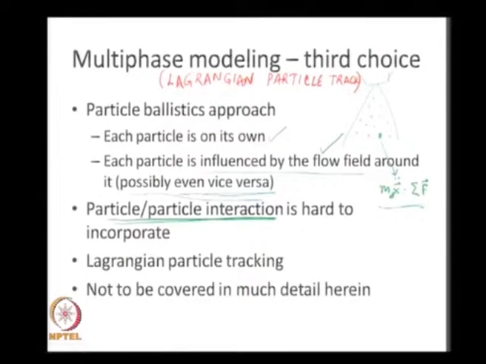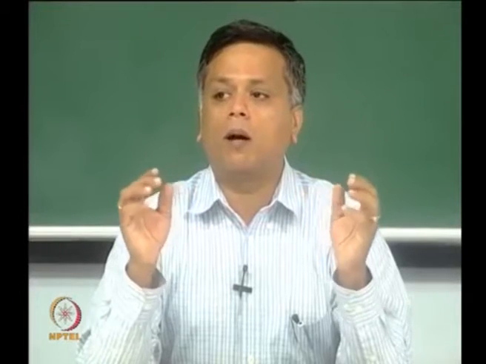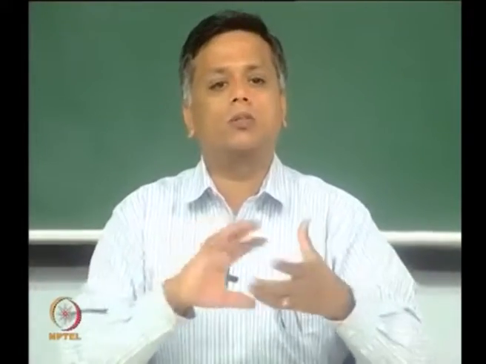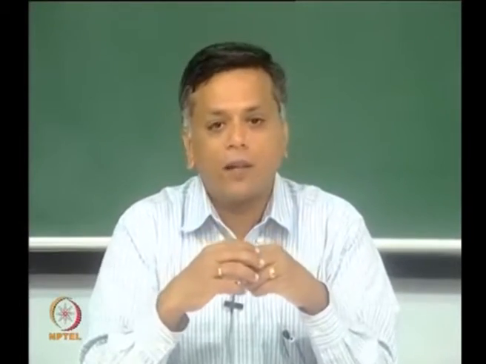One, if I am trying to model particle interaction, that is in situations where there is bubble collision. So, if I have a lot of bubbles crammed into a small domain, then these bubbles are going to have to come and interact, and including that interaction in something like this is not easy, because every time two bubbles come together, there is a result that has to be followed by this event.